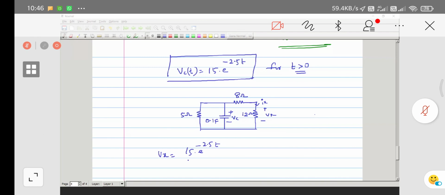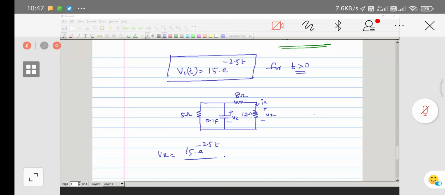From this you can get 0.6, so here you can get 9 e to the power of minus 2.5 t.